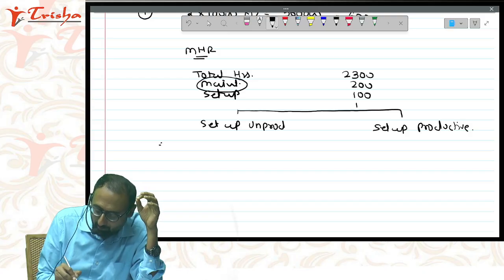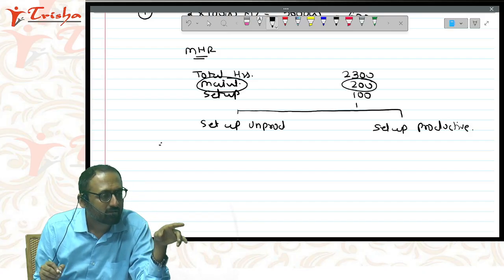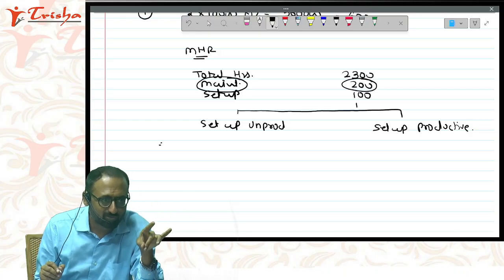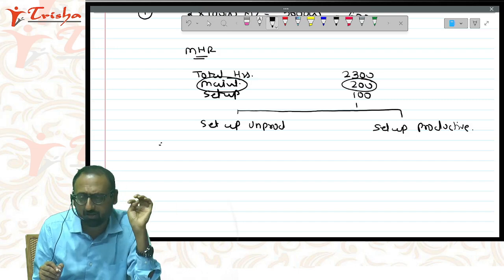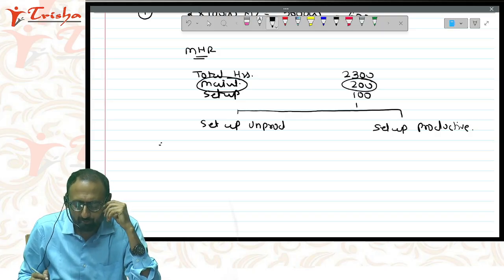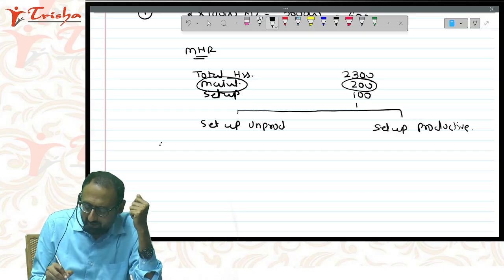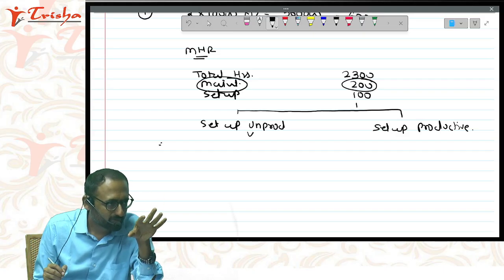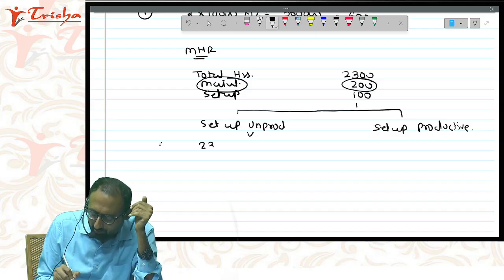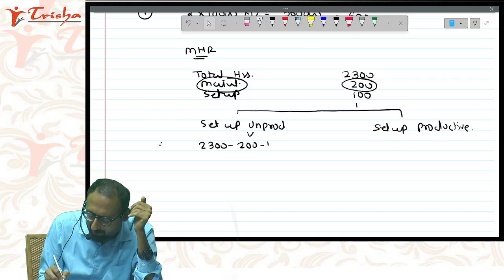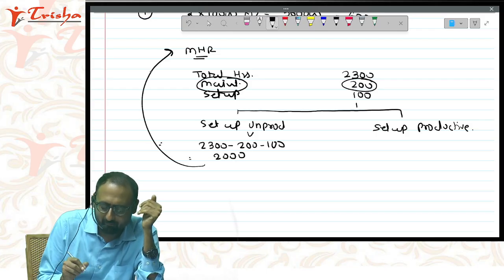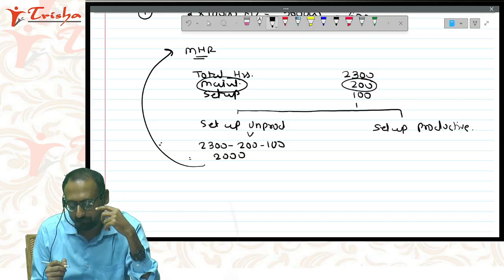Maintenance hours are always unproductive, so always deduct them. I'll give one situation where you will not deduct, otherwise you'll always have to deduct maintenance hours. Now, if setup hours are also unproductive, no production happens in those setup hours, then effective hours will be 2300 minus 200 minus 100. 2000 will be your effective hours, so you'll divide the machine hour rate calculation by 2000.